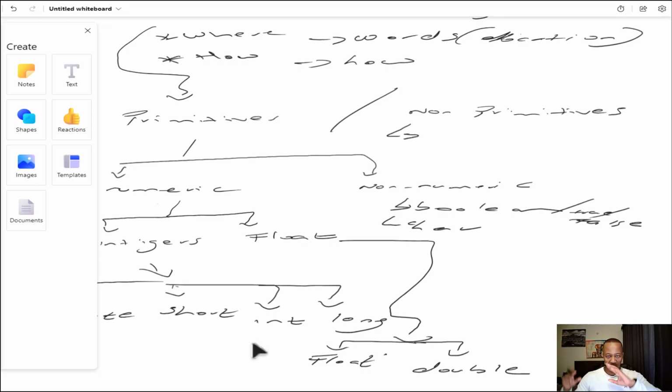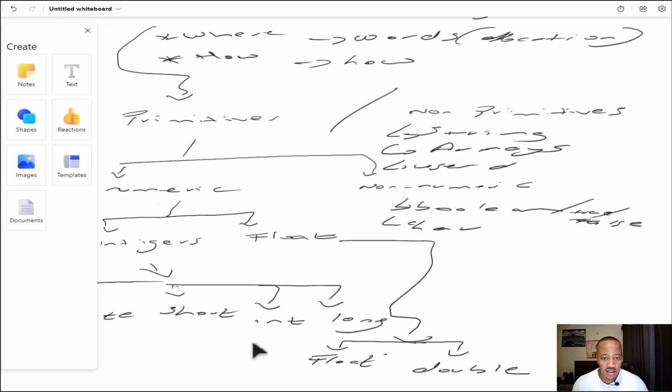These are what's built on top of your programming language. You have your strings. You also have your arrays and user-defined classes.